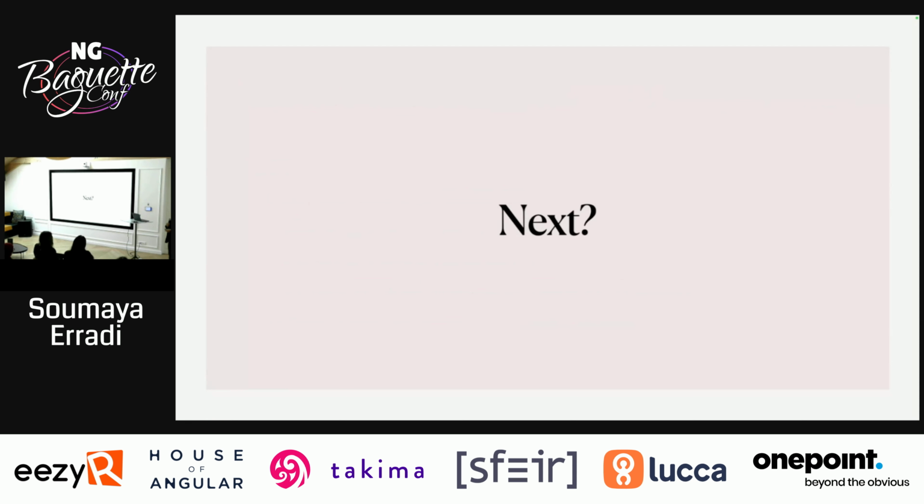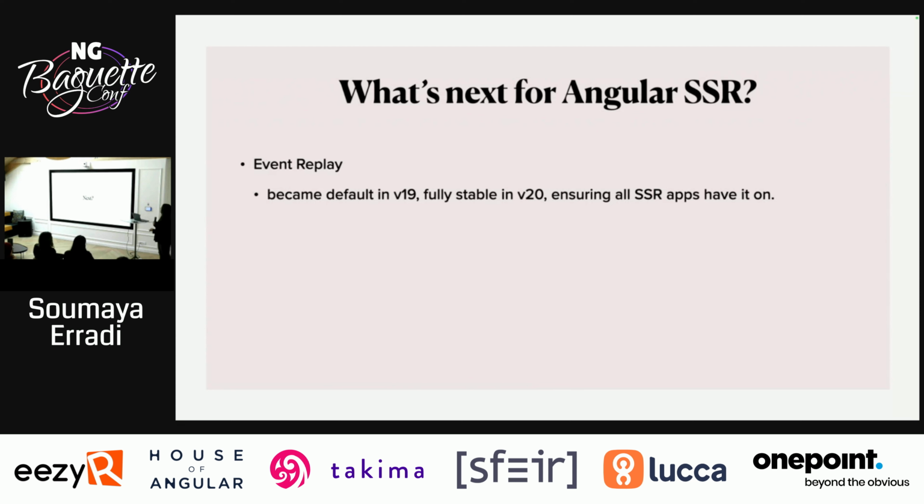So what's coming next? This was what we have until now, but what I'm expecting to receive in the next Angular version is this. For event replay, which became the default in version 19, I'm expecting it to be fully stable in version 20.